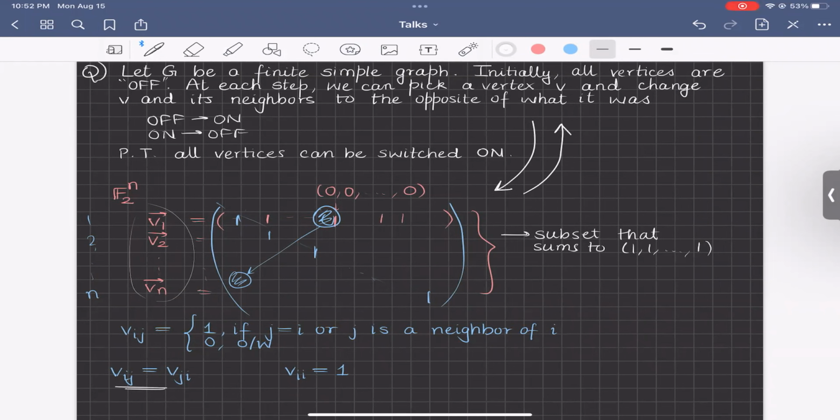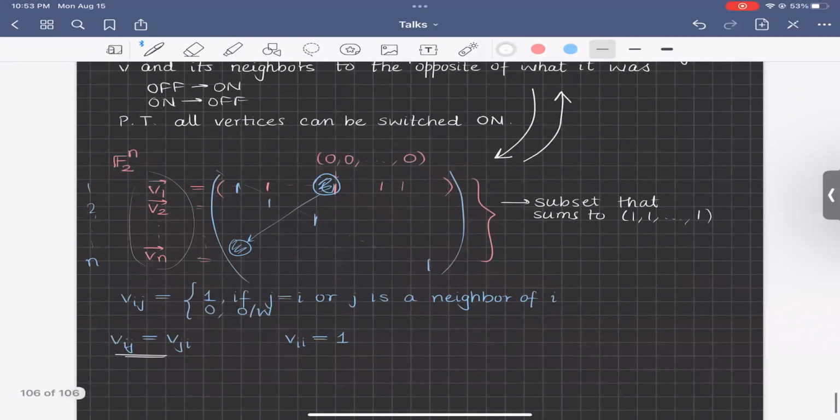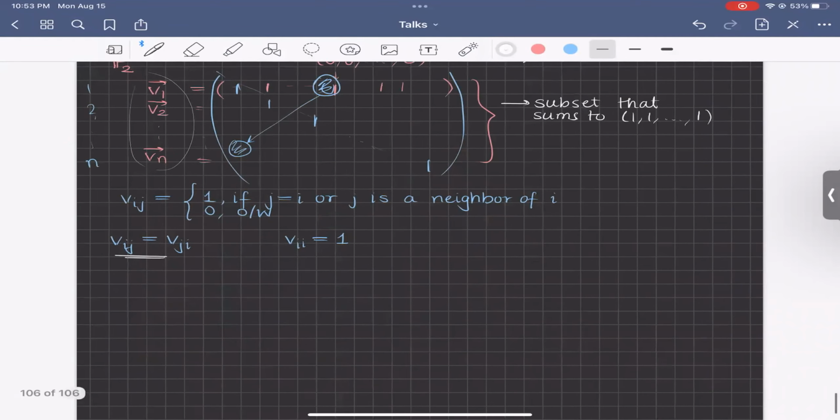Let's think about it. Do we know something about it? So right now, what have we reduced our problem to? We've reduced it to this, right?